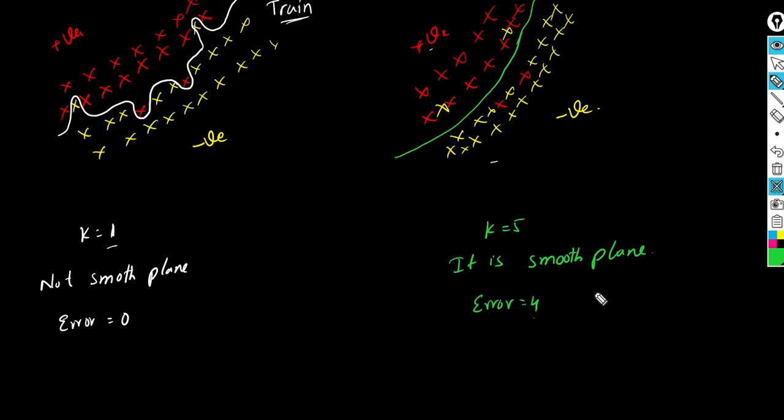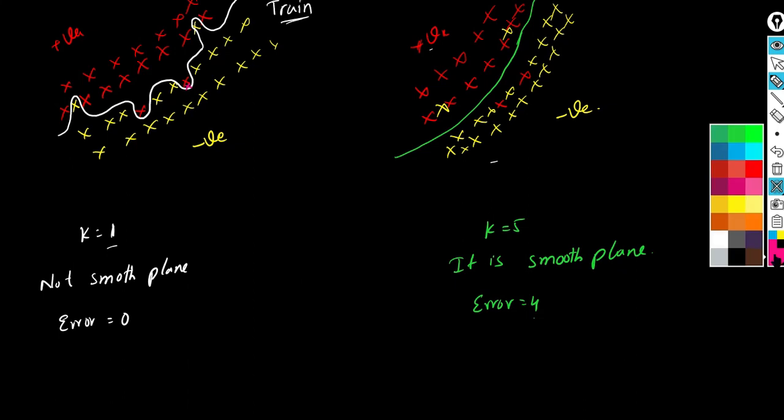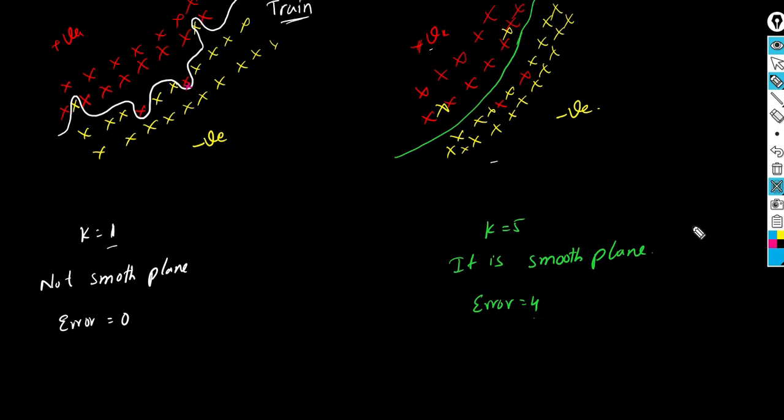Now let's take a query point and see how this works, to get more understanding. Let's consider a query point in this region, and use the blue color. Let's say the query point xq is here.